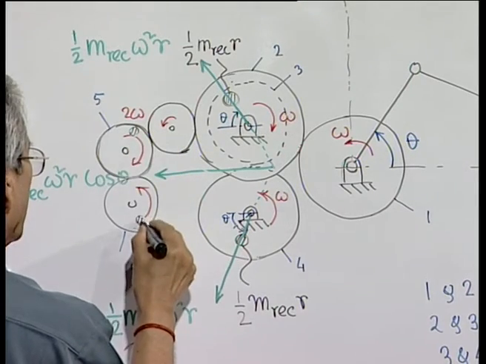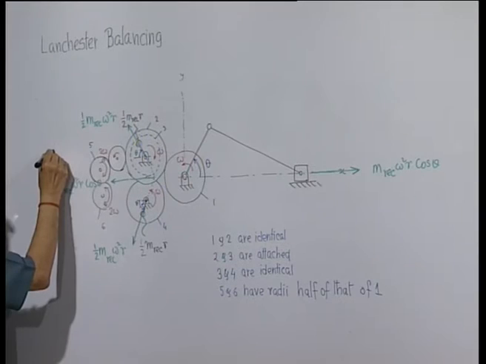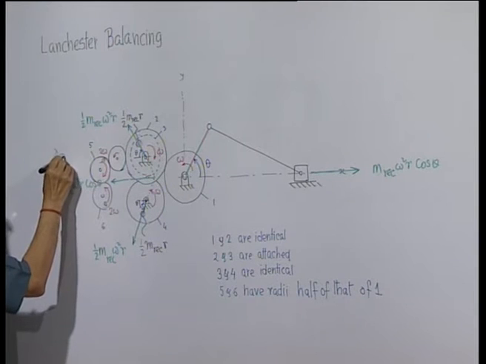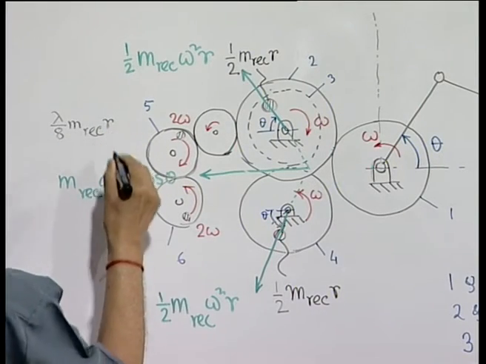What we can do is attach some masses here, each of lambda by 8 m reciprocating into r.